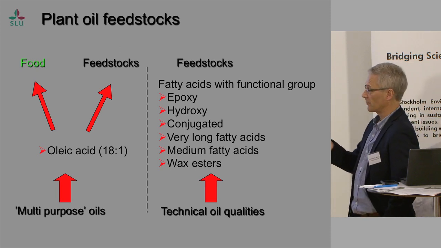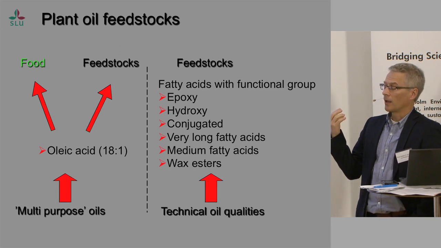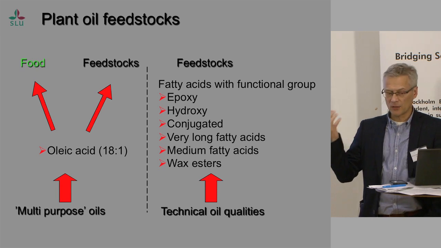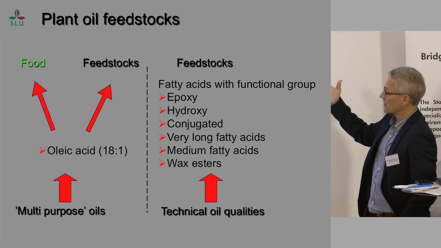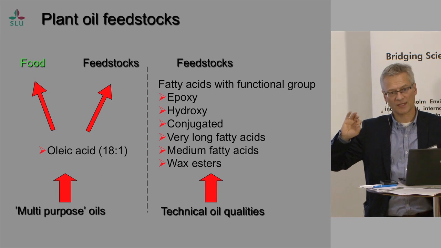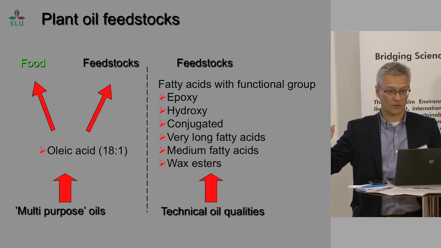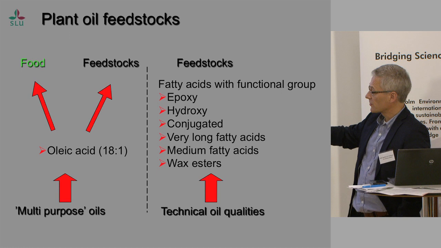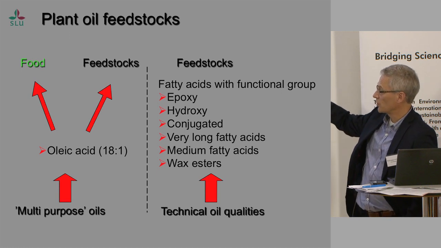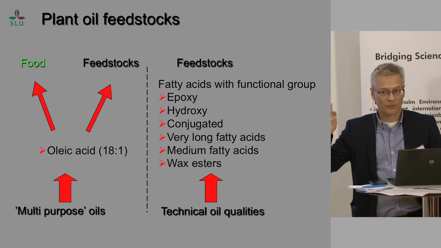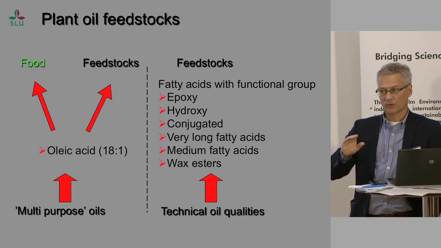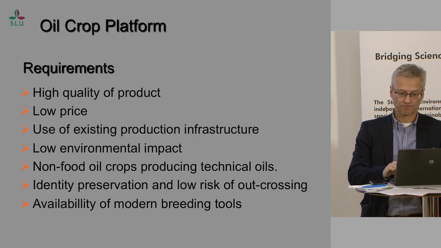You may get harm from some of them. Anyway, these are molecules that we want to keep separated from the food chain. So technical oil crops should preferably be produced by crops that are not linked to the food chain.